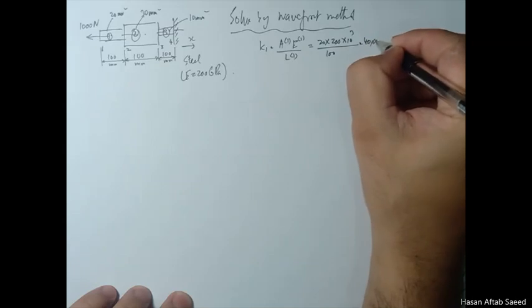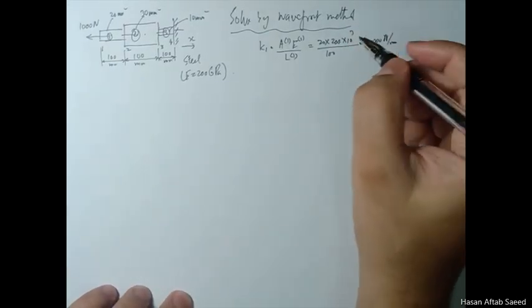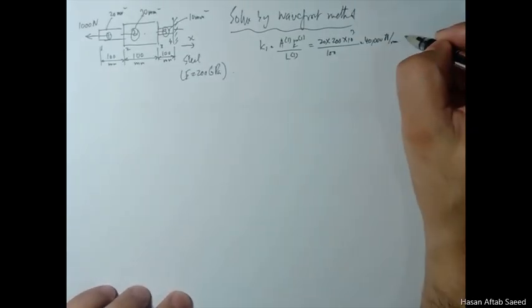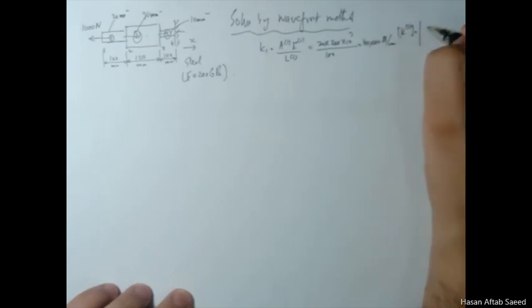This is 40,000 Newton per millimeter. That is, K1 will be 40,000, minus 40,000, minus 40,000 and 40,000.